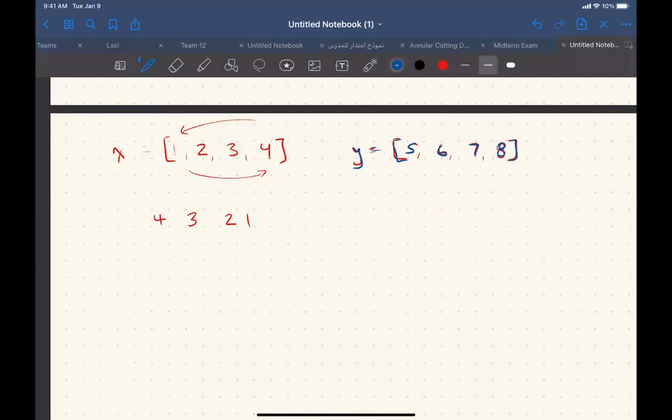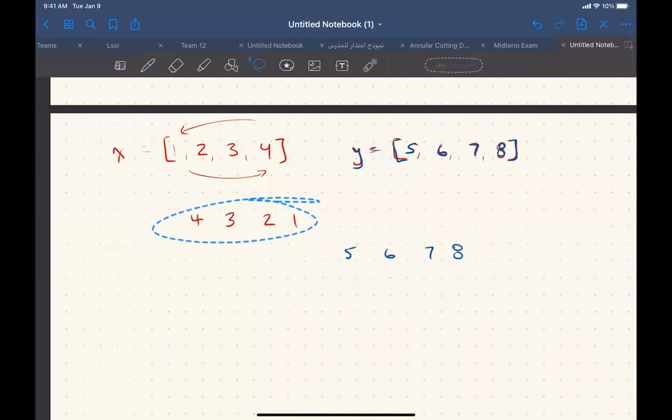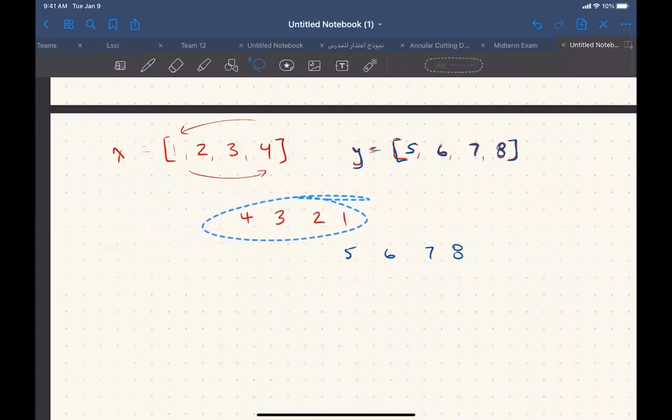We're going to move it bit by bit and multiply. Where these are aligned, we multiply and add together. Here they're not aligned, so we're not doing it. Here they are, so the value we get is 1 times 5, which is 5.